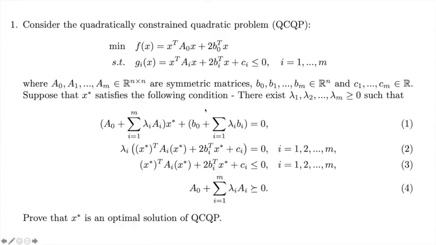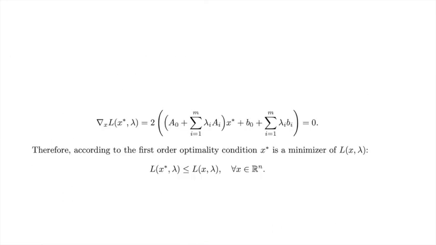The first thing we are given about x star is that this expression is 0, but this is exactly the gradient of the Lagrangian in relation to x. And so we know that this is 0. And therefore, according to the first order optimality condition, x star is the minimizer of L(x, lambda). So we know that L(x star, lambda) is smaller or equal than L(x, lambda) for every x.